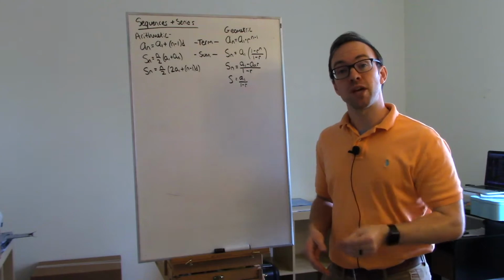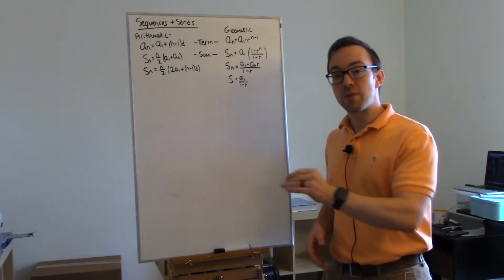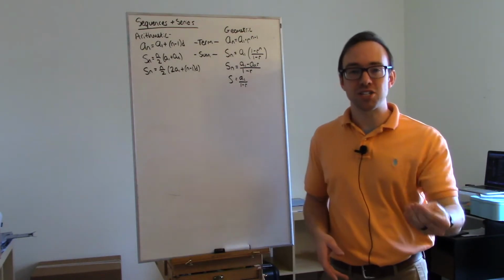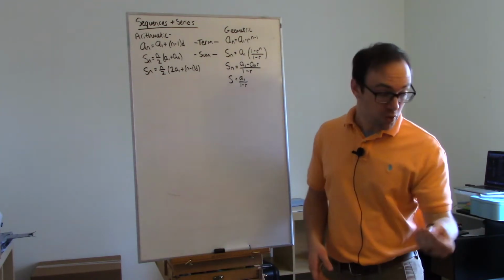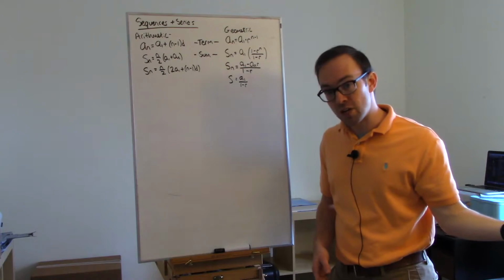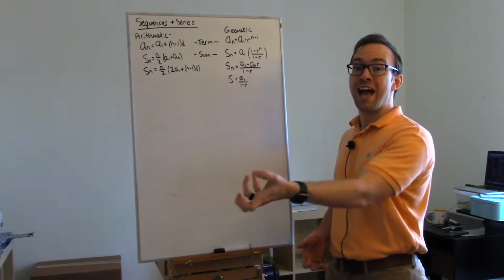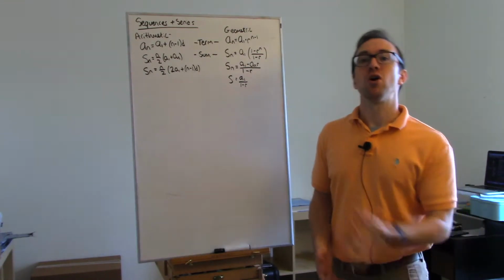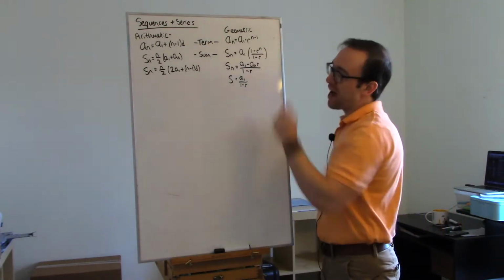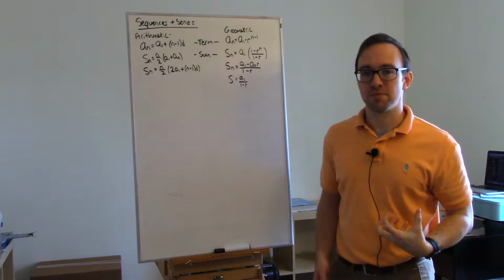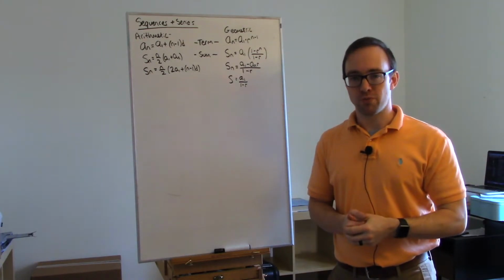R is the common ratio. That is going to be the number that you're multiplying by each time in the sequence. So if you're multiplying by 2 each time, 2 would be your r. If you're halving each time, 1/2 would be your r, to the power of n minus 1, n being the number of terms.